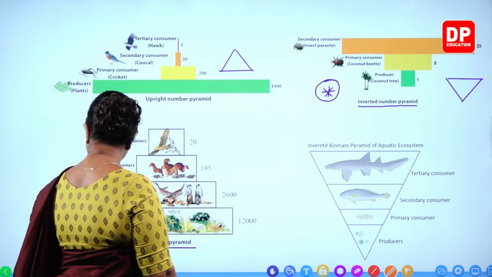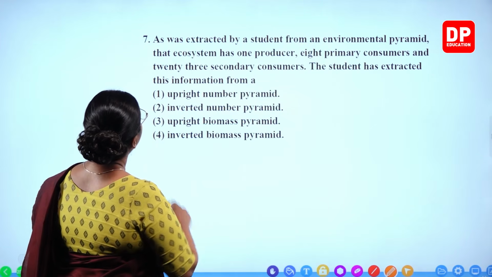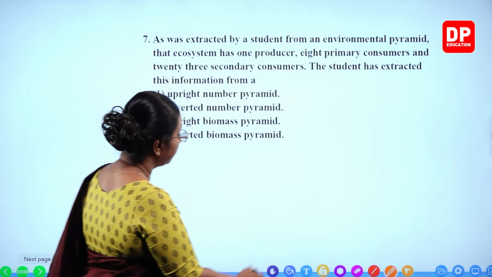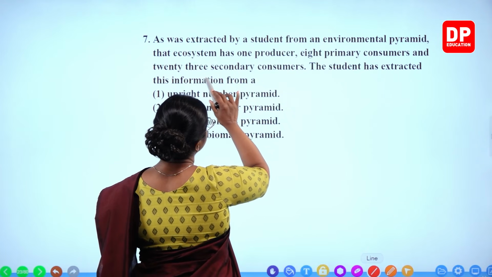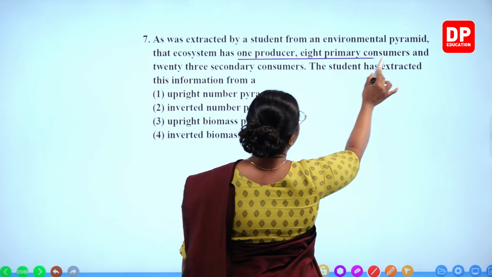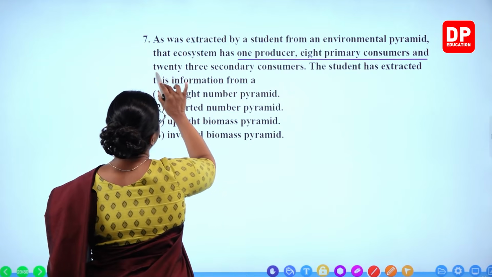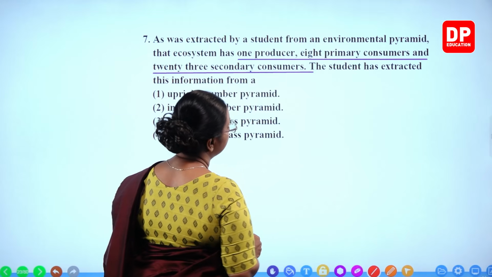And then to answer the question, the information was extracted by a student from an environmental pyramid, that ecosystem has 1 producer, 8 primary consumers and 23 secondary consumers.